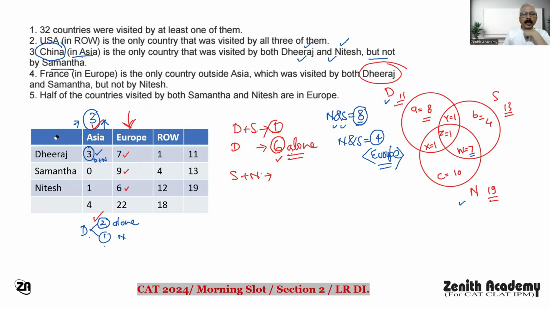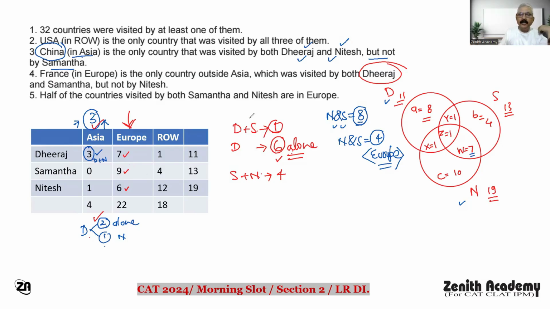It means in Europe, Samantha and Nitesh, 4 countries. Samantha actually visited 9 countries. So 4 countries with Nitesh. What about the rest of the five?